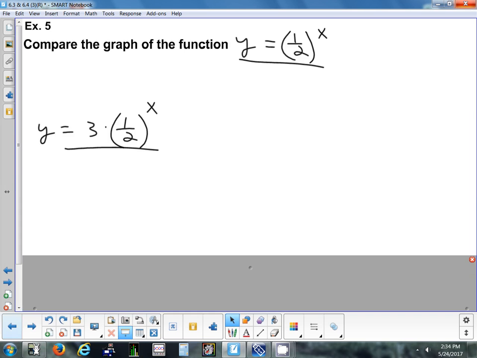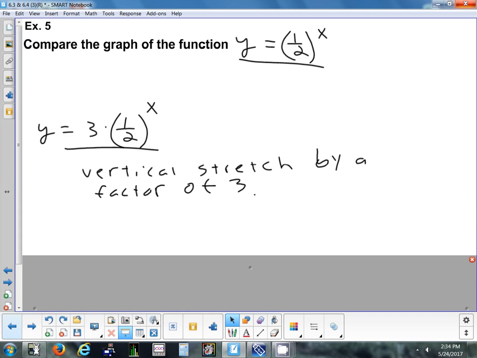It's decay. But you still describe this exactly the same way we've done before. Guys, if we're comparing, what's the phrase we use? Good. A vertical stretch, good. So this is a vertical stretch by a factor of what? Of 3. Yep. That's all you write. Vertical stretch by a factor of 3.